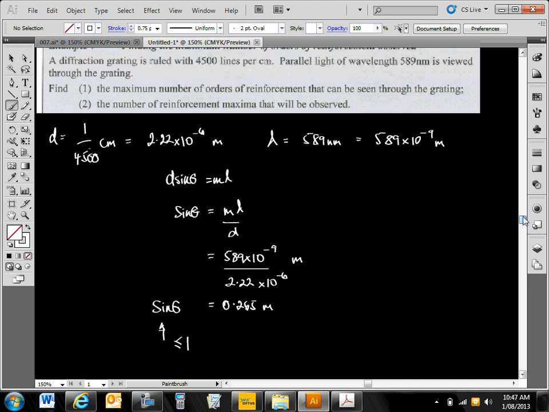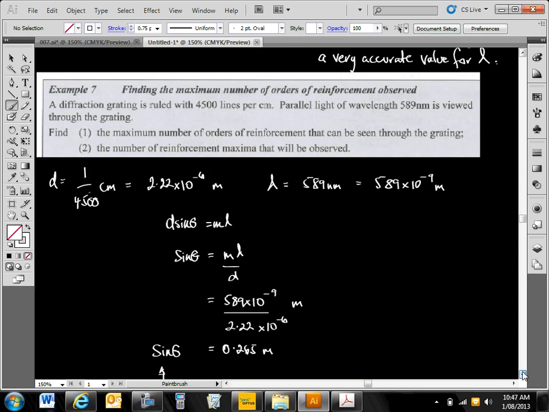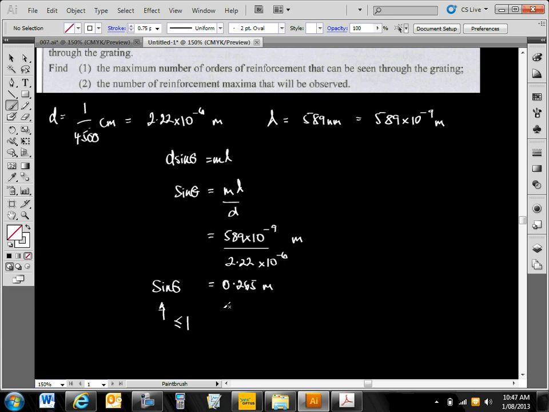As this theta approaches 90 degrees, we're not going to see any reinforcement out this way. We might see it at 89 degrees if you had a board long enough, but it's unlikely. We'll just go for the maximum, at the point where it approaches 90 degrees, less than or equal to 1. So where is this less than or equal to 1?